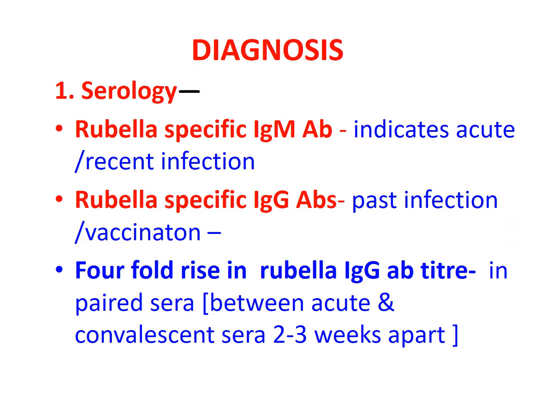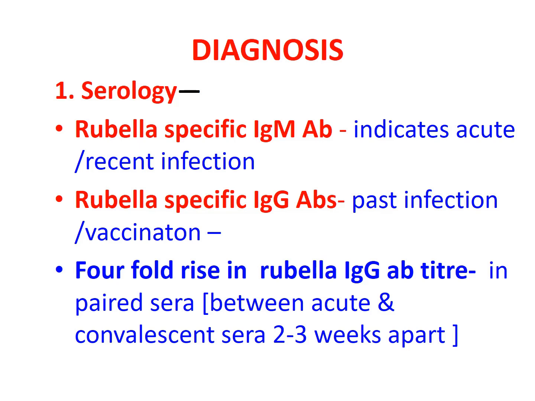Come to diagnosis. Diagnosis can be done by isolation of the virus and by serological tests. Serological tests are more widely done as the facilities are available. Here, rubella specific IgM antibody, if present, indicates acute or recent infection. Another you can see is rubella specific IgG antibodies, which indicate past infection or vaccination.